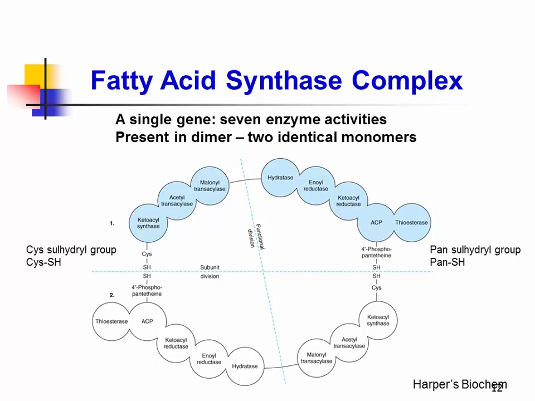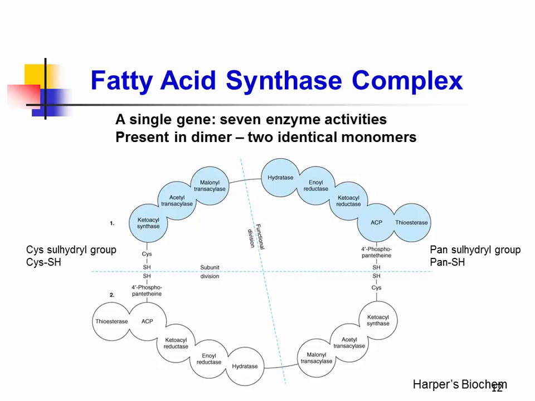But you don't need to remember the whole detail. Just get some sense that this is a complex of multiple enzymes, actually a dimer, and each identical monomer contains 7 different enzymes, right?